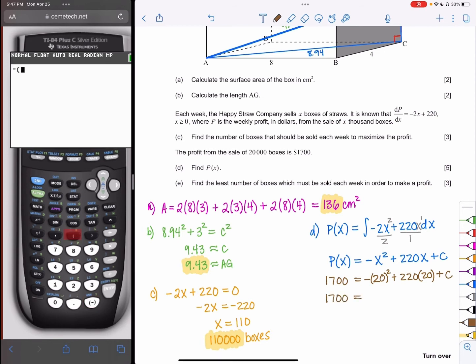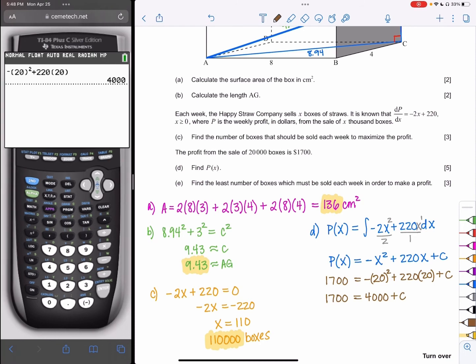If I have negative 20 squared plus 220 times 20, we end up getting 4,000 plus C. Now all I have to do is take 1,700 and subtract 4,000, and I will end up getting negative 2,300 is equal to C here.